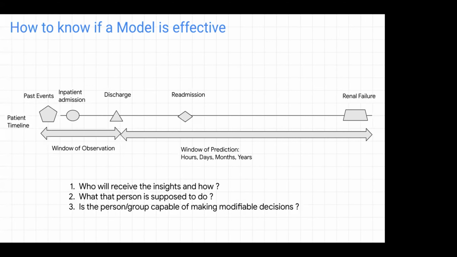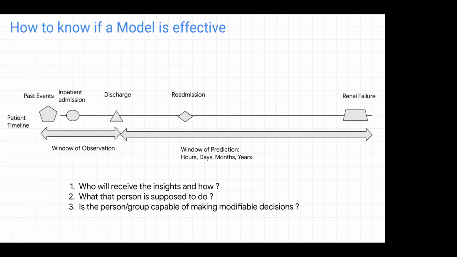For example, here, the data that should be used for this kind of model is the historical data of the patient and also data that is derived when somebody is at the hospital.